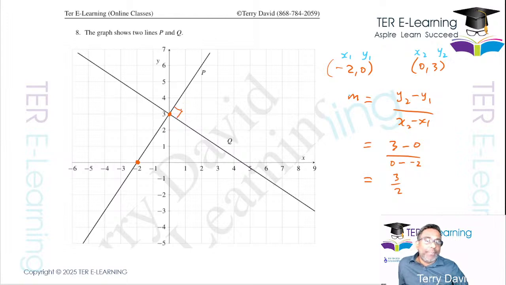Whenever two lines are perpendicular, if you multiply their gradients, you're going to get negative 1. That's a relationship between two lines which are perpendicular. So if the gradient of P is 3 over 2, what is going to be the gradient of Q?